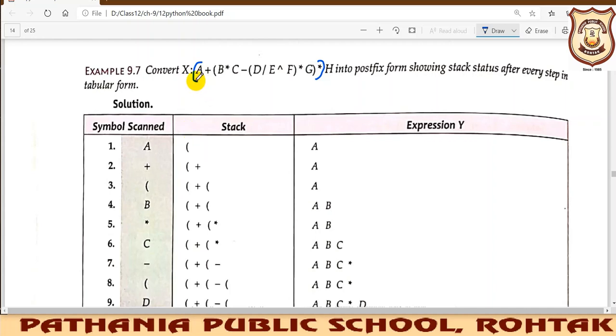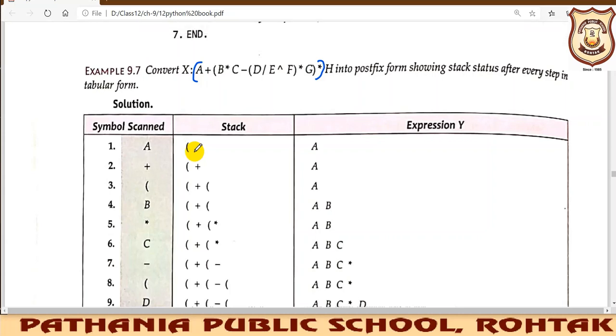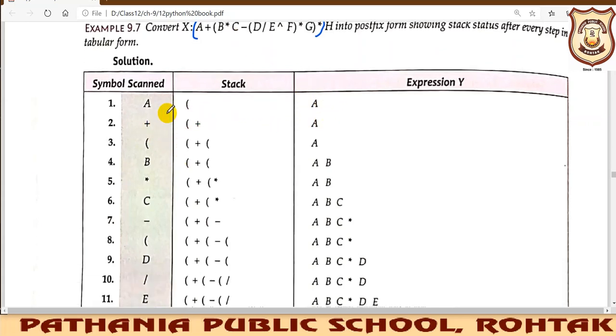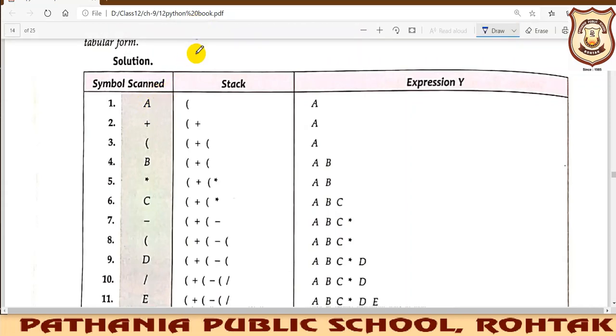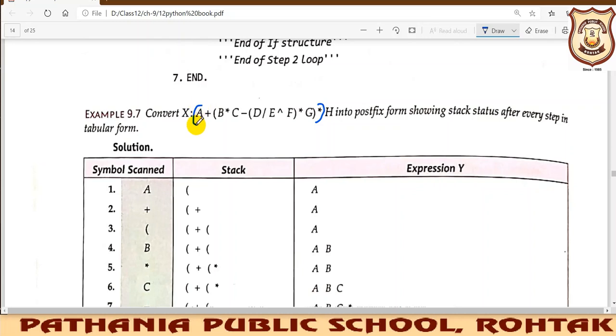I told you the operators or the brackets will be written inside the stack only, and the operands will be shifted to the expression directly without entering the stack. I'll tell you later when this expression will be used up. So initially the bracket is there, you can see we have placed one bracket.